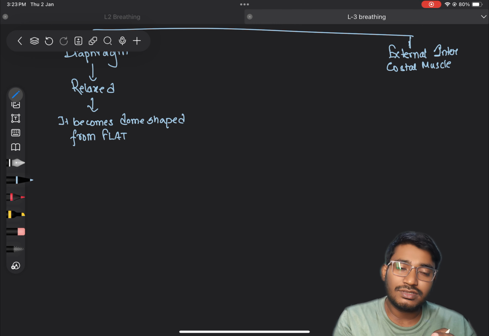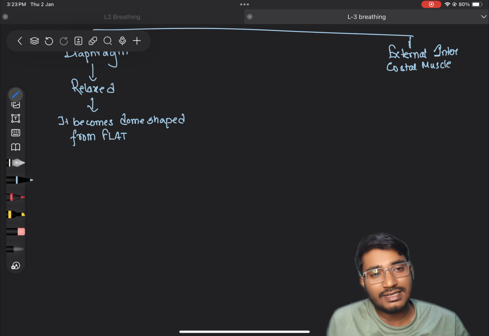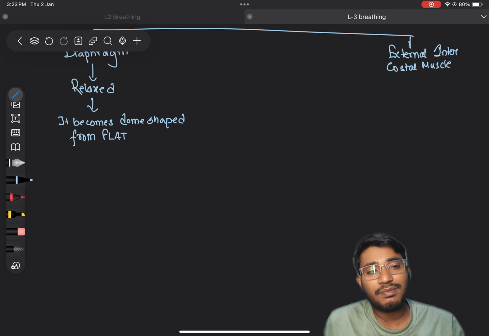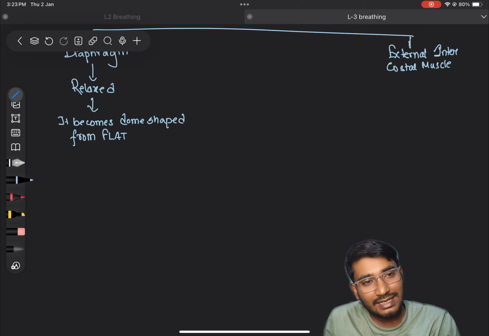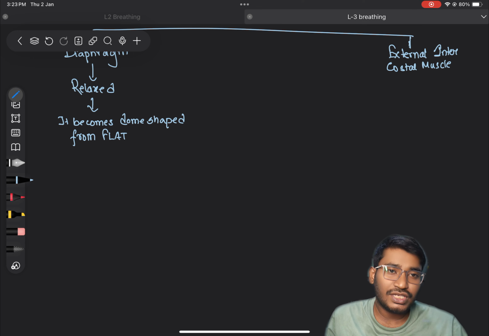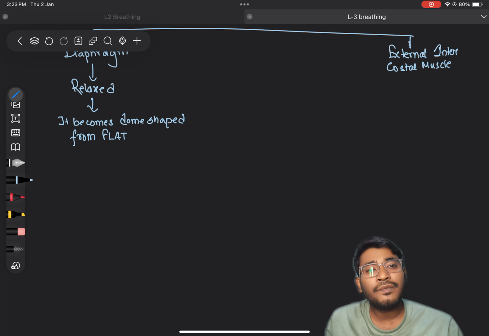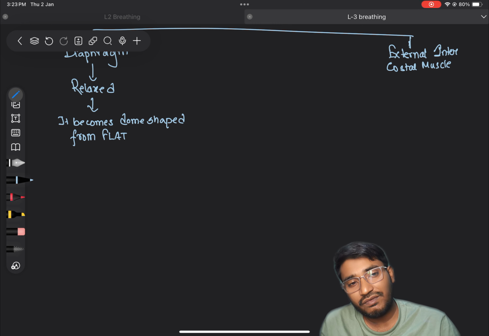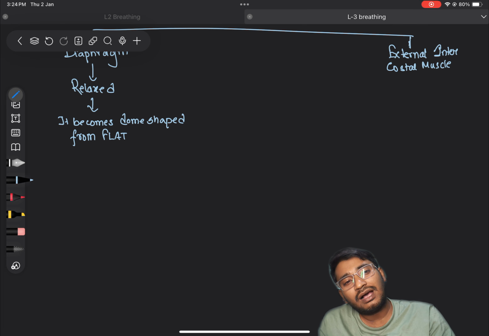When the area gets reduced, the pressure increases inside the thoracic chamber. The outside pressure becomes lower compared to the pressure inside the thoracic chamber. So it is high pressure to low pressure, and the air goes from the thoracic chamber, that means from the lungs, to the atmosphere.